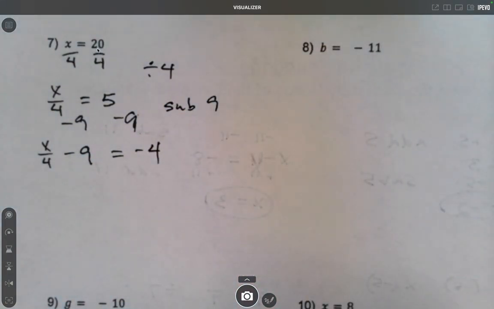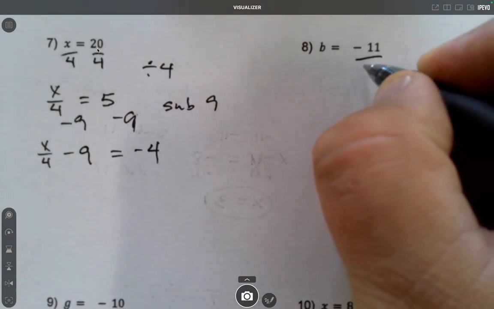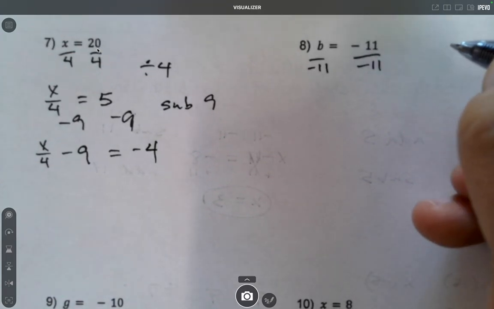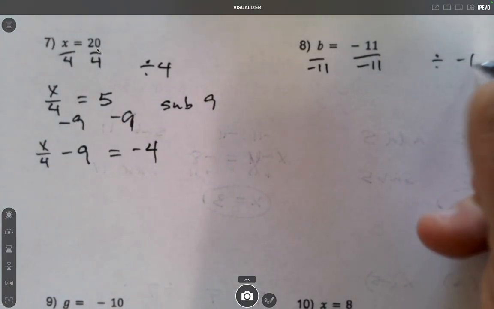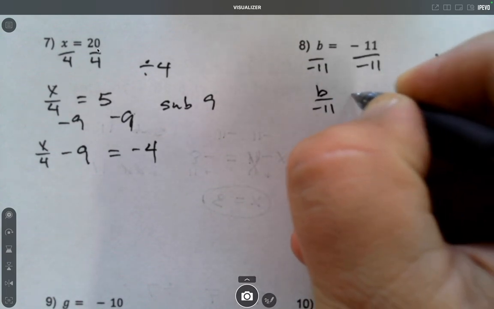We will do something similar over here. Let's divide by negative 11. So the first thing is to divide by negative 11. We get b over negative 11.